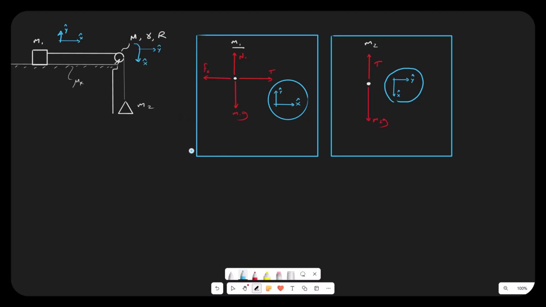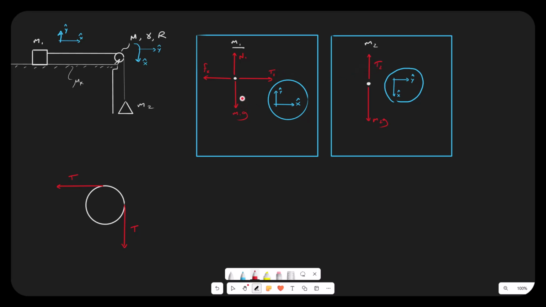Now I'm going to have to look at the pulley itself because it has a mass now. So for the pulley, I'm not looking at forces, I'm looking at torques. I have a torque that pulls this way, and I have a torque that pulls this way. Now here's the thing. When I had pulleys that were massless, that were ideal, my tension was automatically equal because the pulley couldn't do anything about it. Now my tension's not equal.